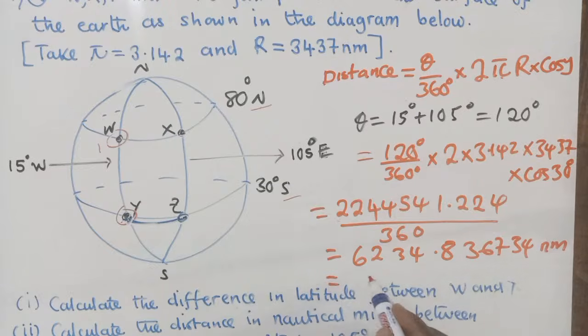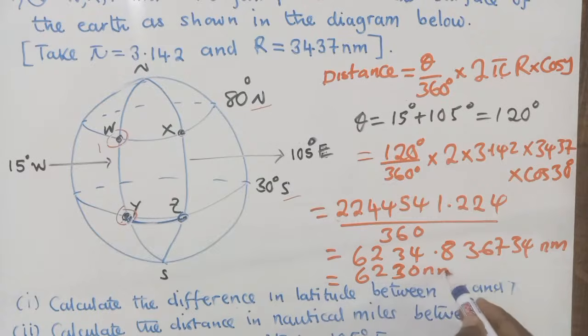And if you want, you can now put it in 3 significant figures, of which it will just look like this: nautical miles.